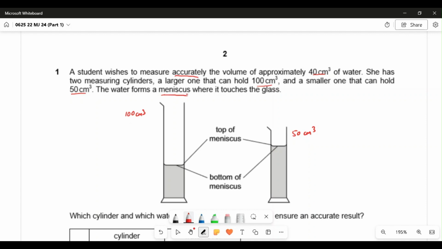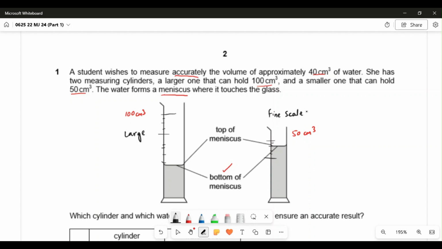It touches the glass. Whenever we are going to measure, we have to take the bottom of the meniscus. Secondly, I would like to remind you, as the cylinder is bigger, the scales on the cylinder will not be that fine. For example, if I draw the scale here and if I draw the scale here, the smaller one will have a finer scale and this will have a larger scale.